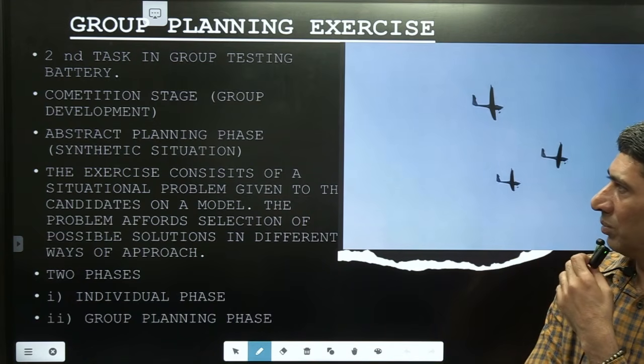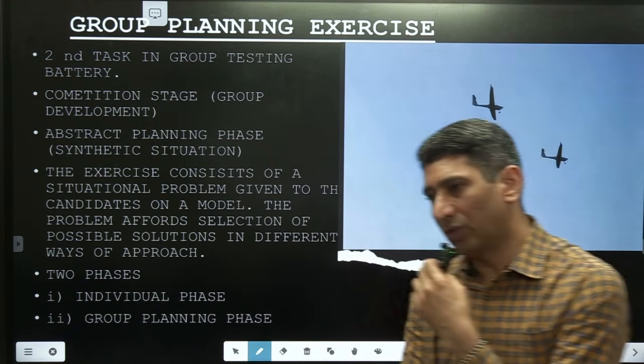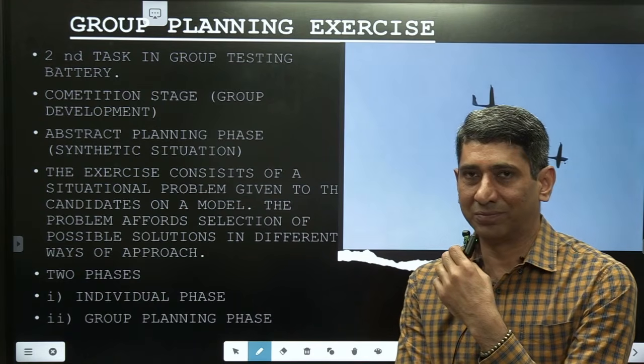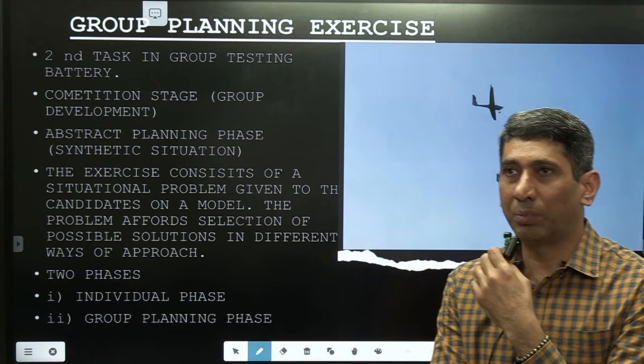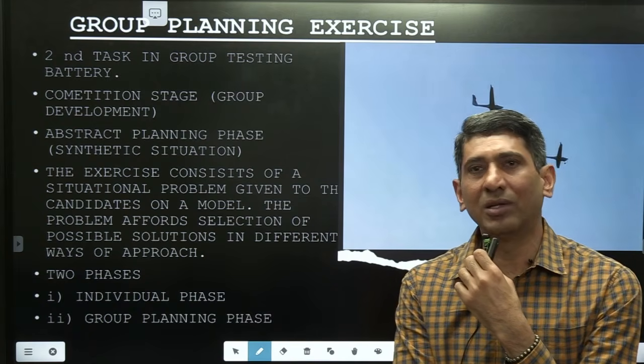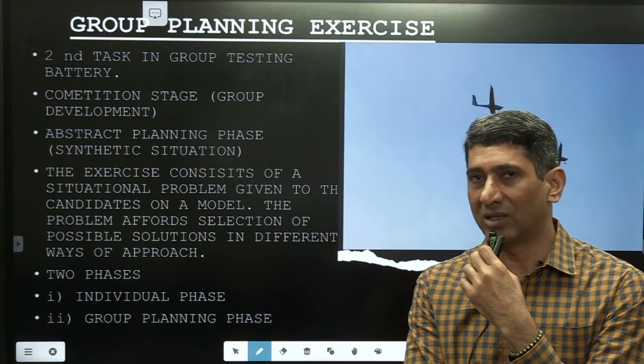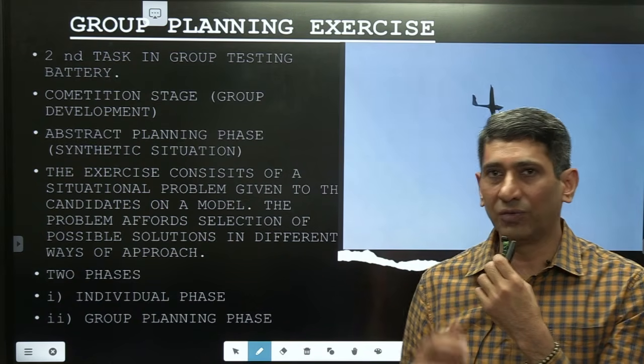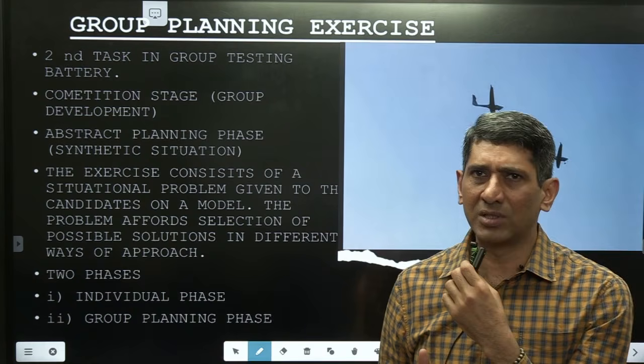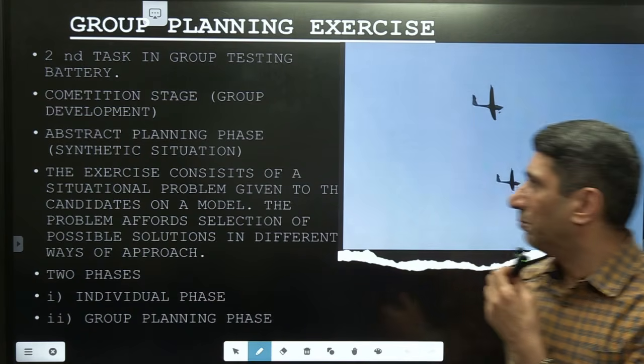It is also the phase of abstract planning, whereas practical planning is seen in tasks like PGT, half group task and things like that. In this task, we are talking of abstract planning, basically in a synthetic situation.